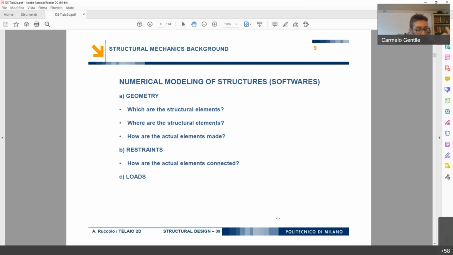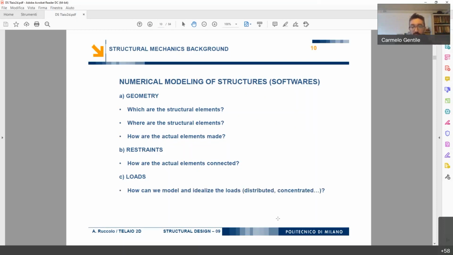What does it mean? That's trivial. Whether the restraint allows or prevents any kind of motion. So if we have hinges, if we have vertical supports, if we have full restraints, or what.